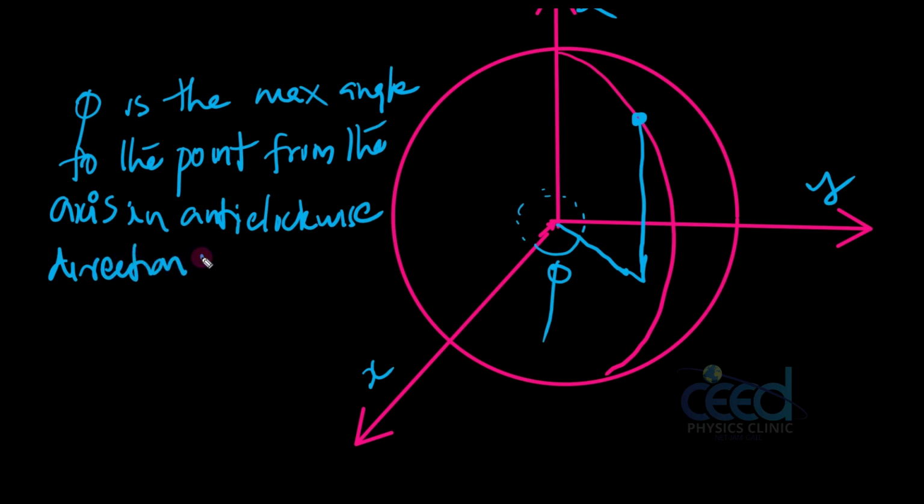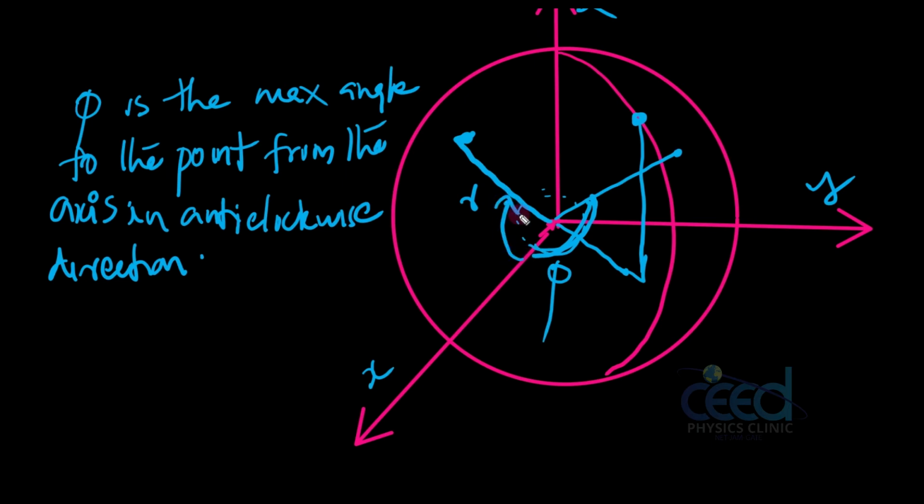Suppose the point is here, so you have to select the r vector like this, and this is your phi. Suppose this point is here, so this is our r vector. Then how can you select this phi? You can't take it like this.